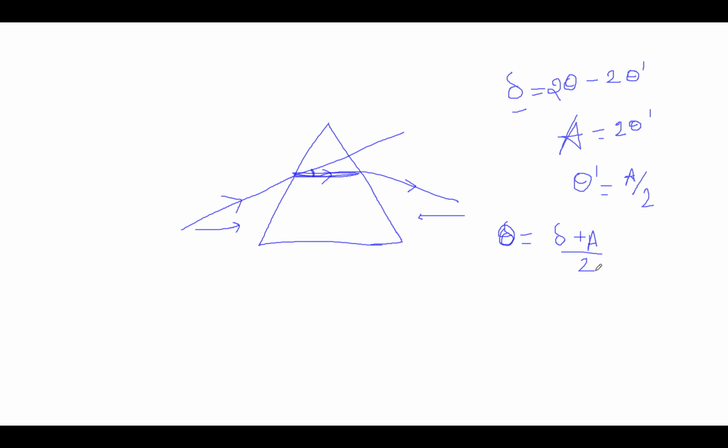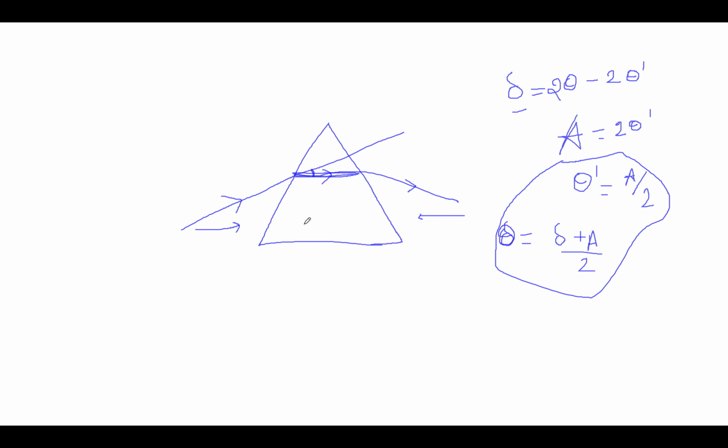So theta prime is A by 2 and theta is equal to delta plus A by 2 for the angle of minimum deviation, right? And we know from Snell's law that theta and theta prime should be related by Snell's law.